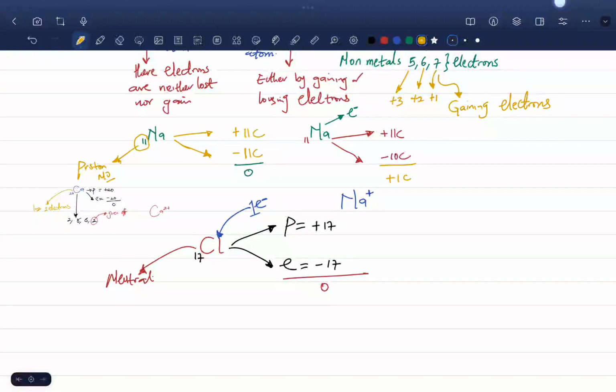And in this way, if you look at chlorine vividly, it has the shell configuration of 2, 8, and 7.